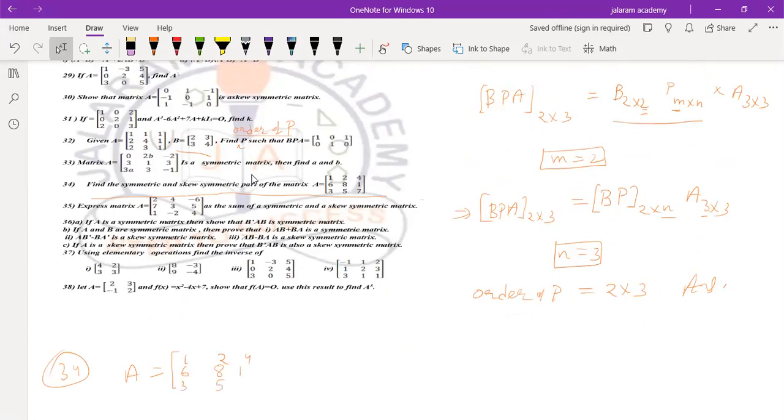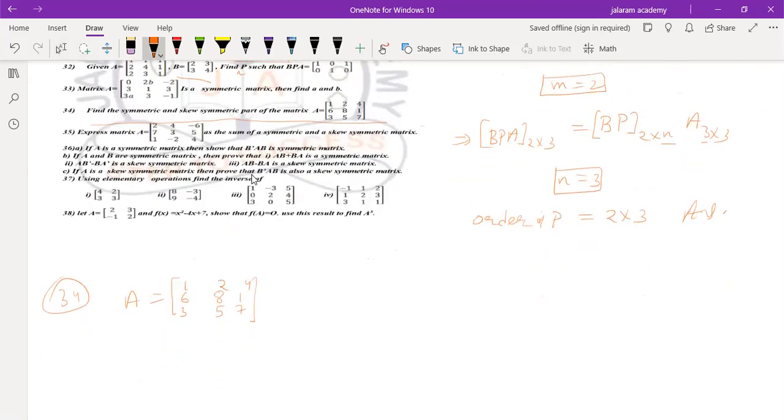We have to find its symmetric and skew symmetric part. Symmetric part formula is, you know that the formula for symmetric part is half of A plus A transpose.